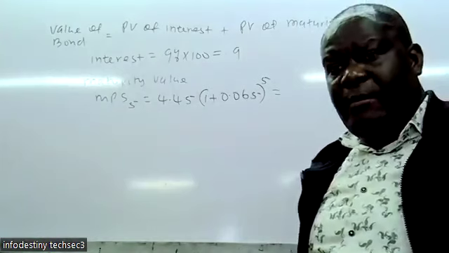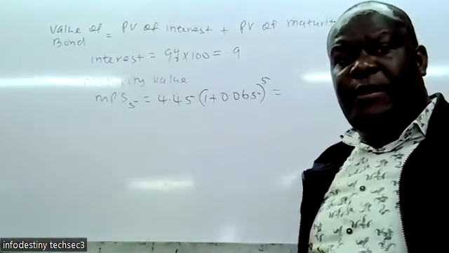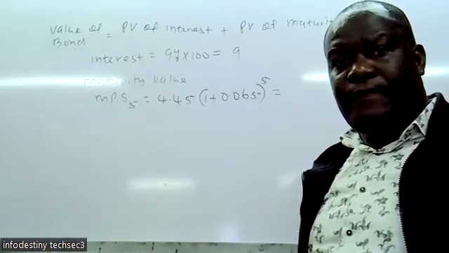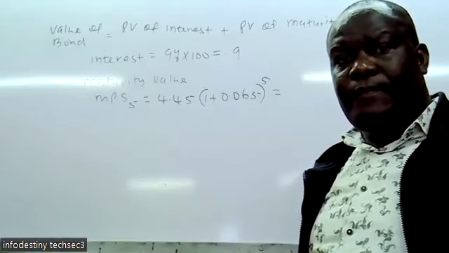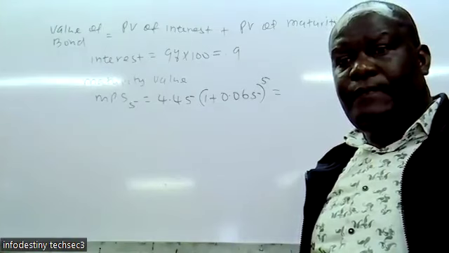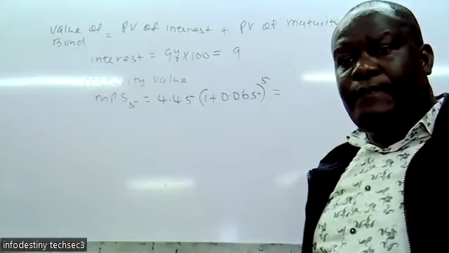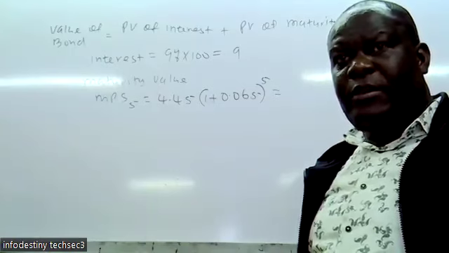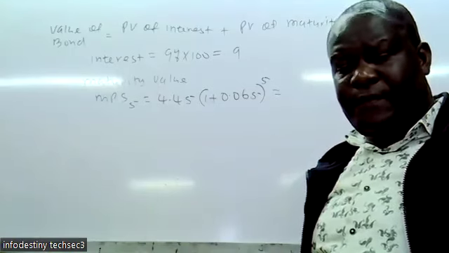So that we get the market price per share after the 5 years. When you calculate, which figure are you getting?